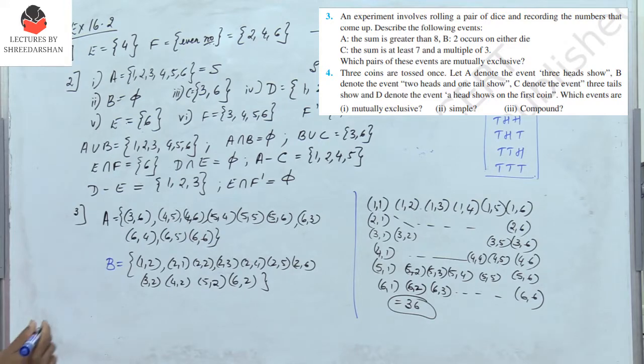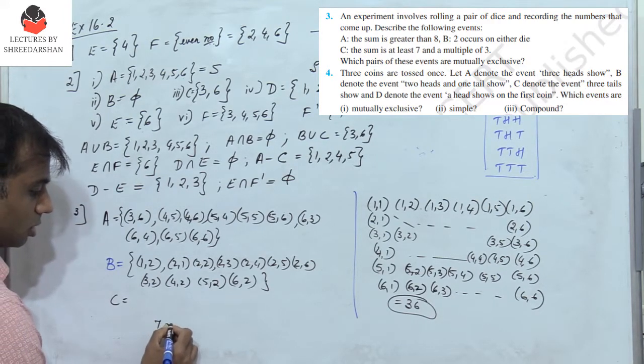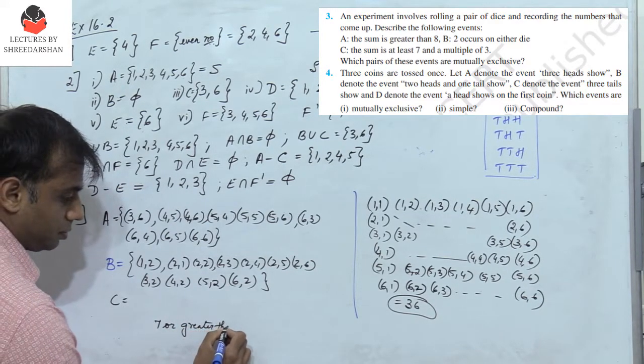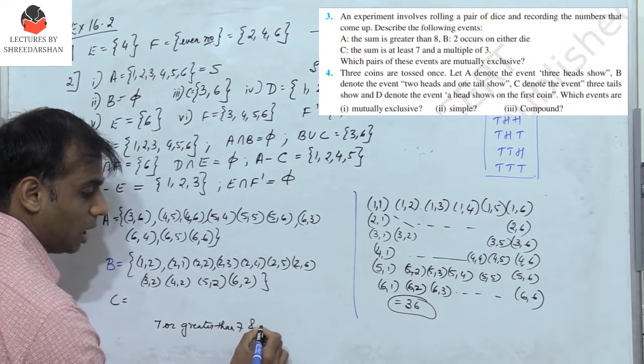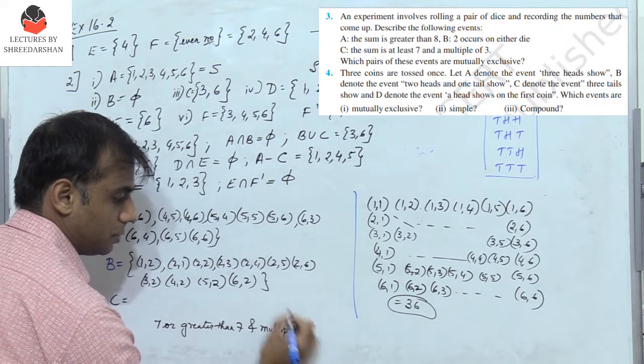Alright, okay, so next, event C is defined as the sum which is at least 7 and a multiple of 3. At least 7 means the sum is 7 or greater than 7, and a multiple of 3.